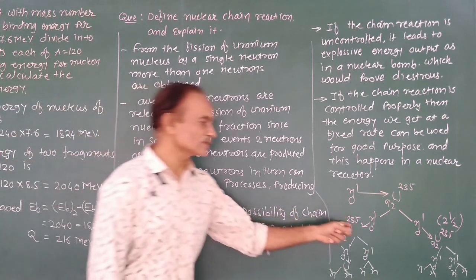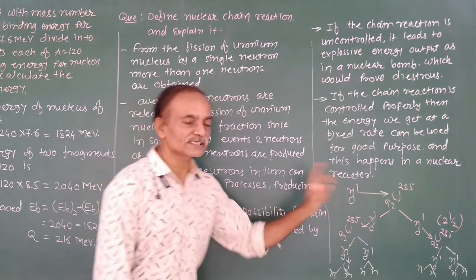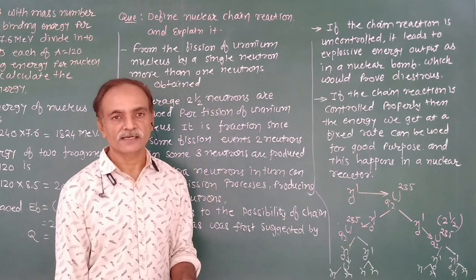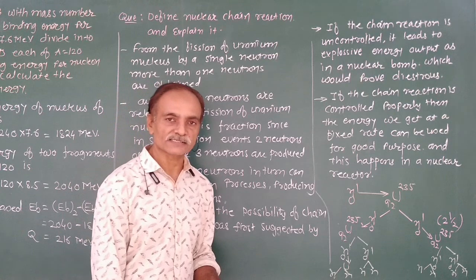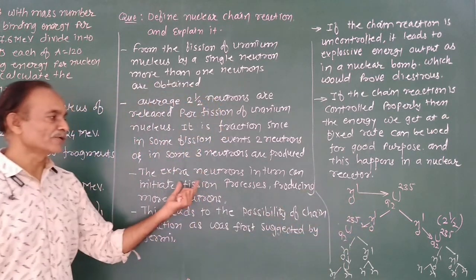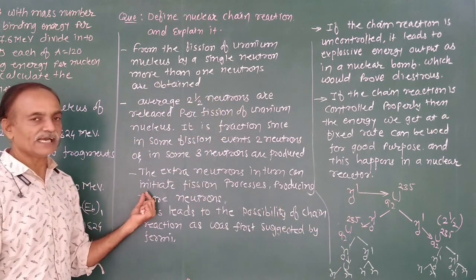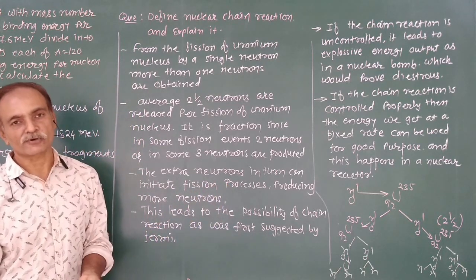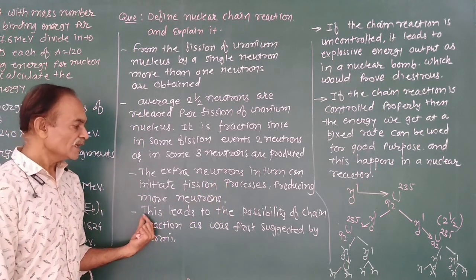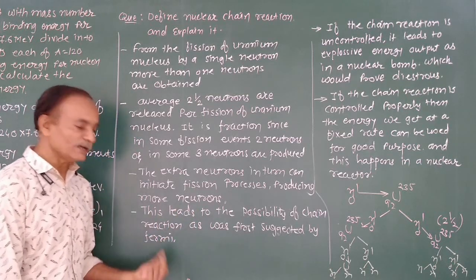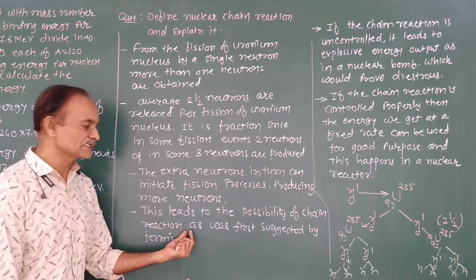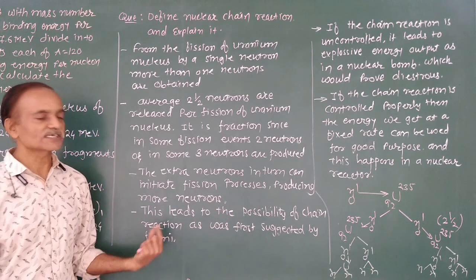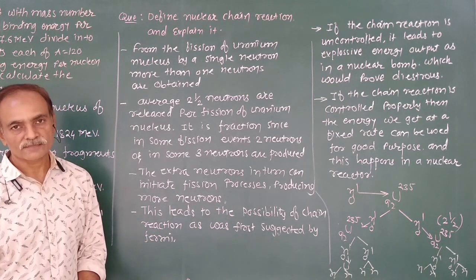How many neutrons are produced due to the fission of each uranium nucleus? These produced neutrons initiate the fission process and produce more neutrons. This leads to the possibility of the chain reaction, as was first suggested by Fermi.